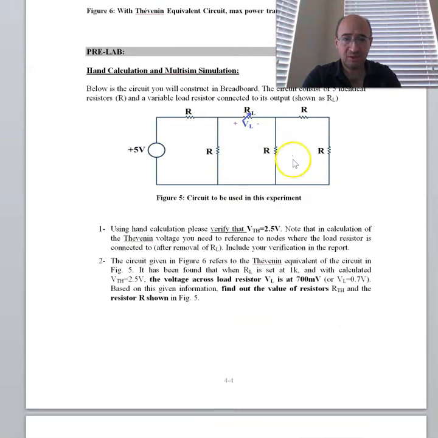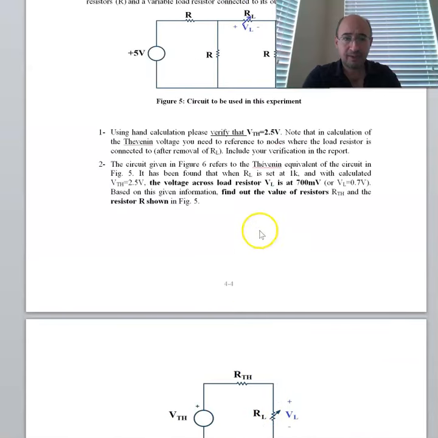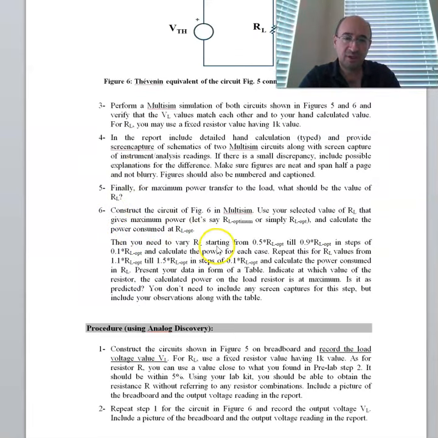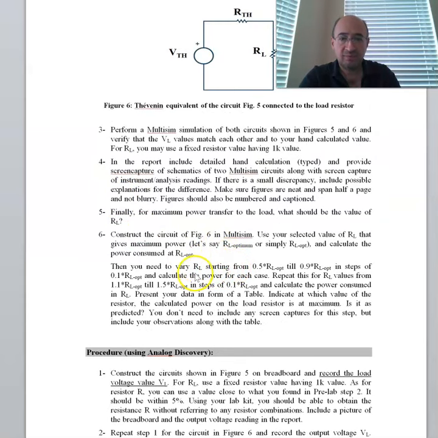We simply construct the circuits in figure 5 and figure 6 and try to see if the values of VL match each other. You will then verify the maximum power theorem in Multisim. So in step 6, we're setting the RL value starting from 50% of the RL optimum all the way to 1.5 RL optimum in steps of 0.1 RL optimum.